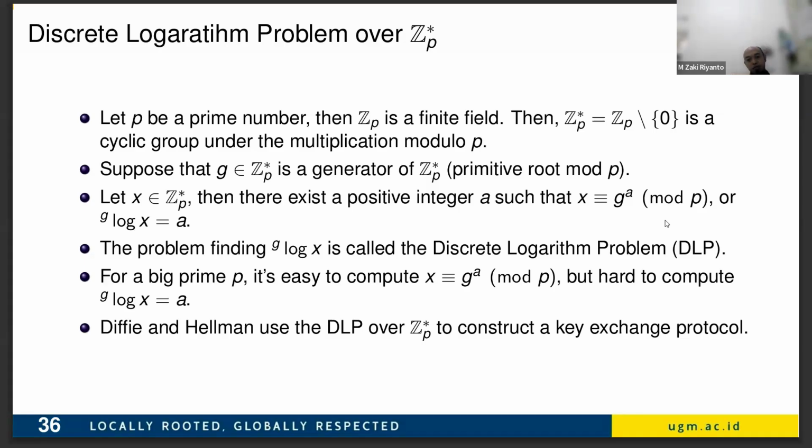For a big prime, it is easy to compute x equals g to the power of a, but it is hard to compute the logarithm, or to find a, if we just know the values of x and g. And Diffie and Hellman used the DLP to construct a key exchange protocol.